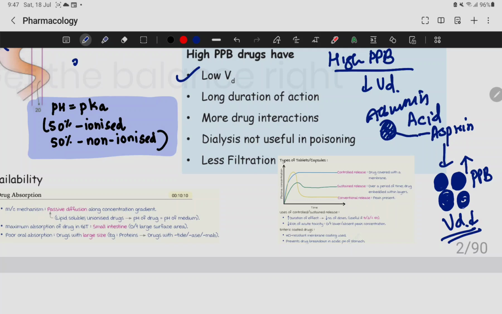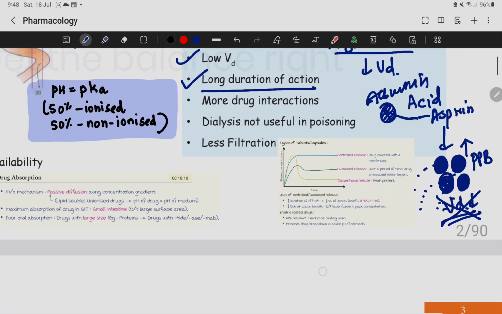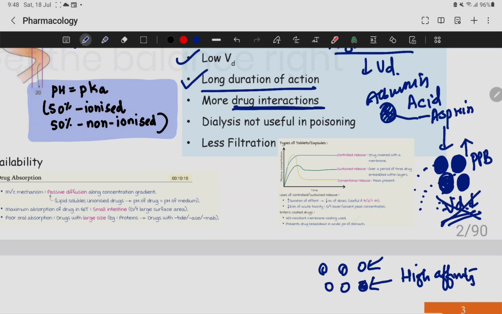Once the free drug is depleted, the bound drug can slowly release into the blood, hence a longer duration of action. Why is there more drug interaction? Since it is plasma protein bound, another drug with higher affinity for that plasma protein can compete with it, causing drug interaction.